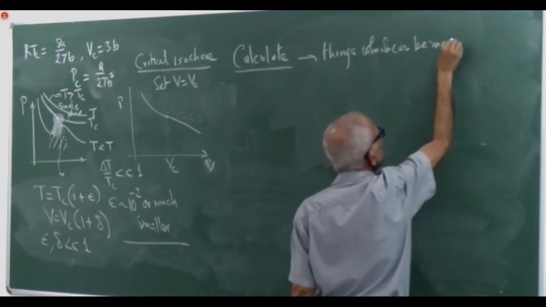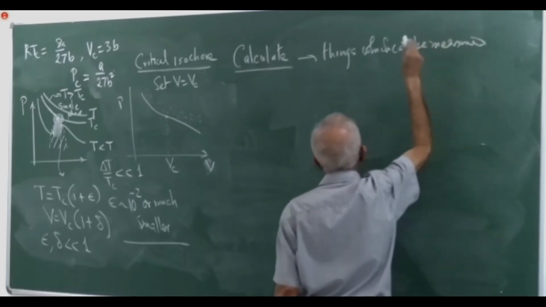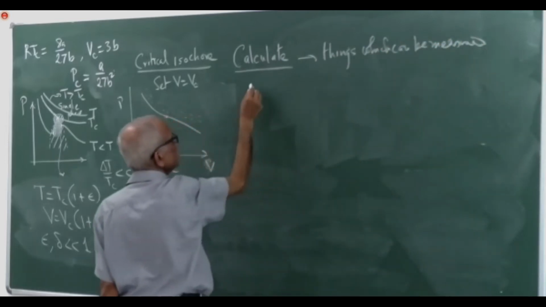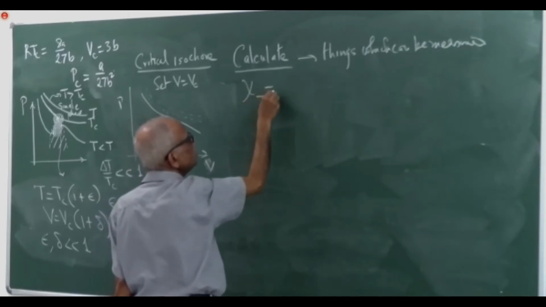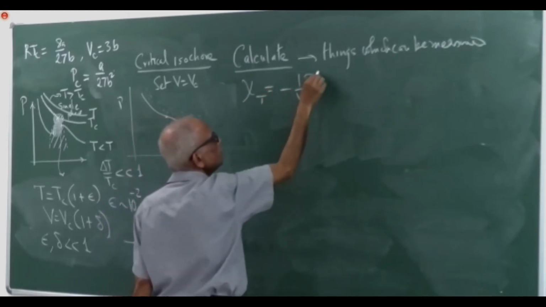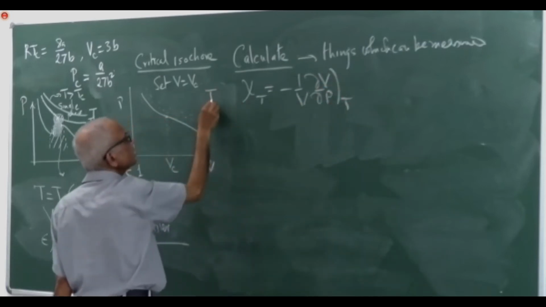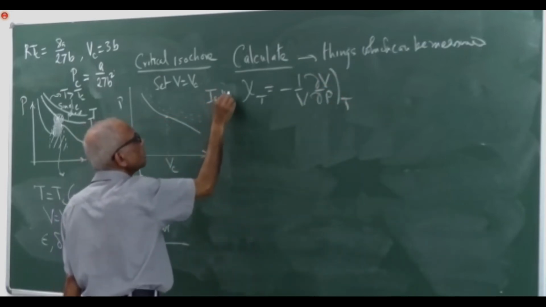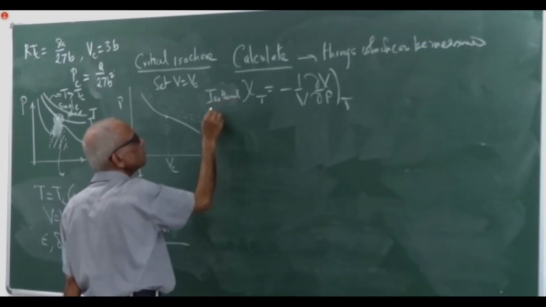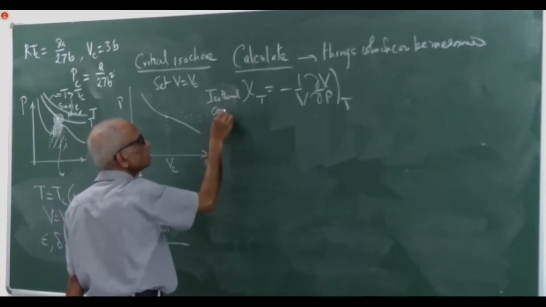And what can be measured in a liquid? You can measure the compressibility. So chi of T equal to minus 1 over V, del V del P at constant T. This is what is called the isothermal compressibility.